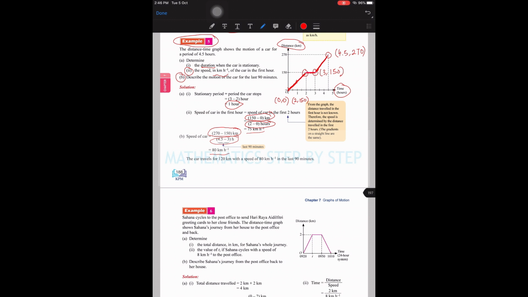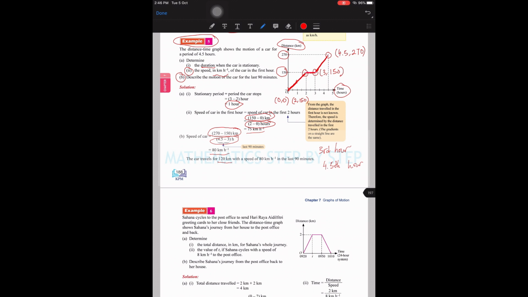okay? So what we can describe about the motion is the car travels for 120 km from the 3rd hour to the 4.5 hour, okay? It travels from 150 km to 270 km.